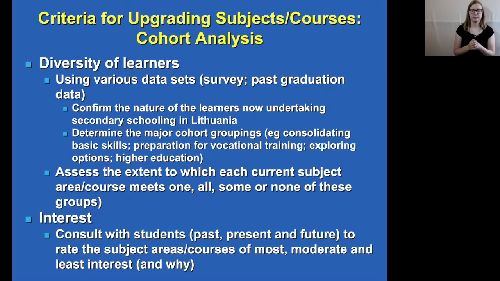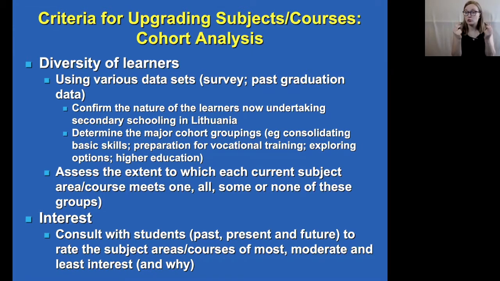Out of interest, consult with the students. We talked about electives, so talk to past and present students, and maybe those in the early years of, say, grades 7 and 8. What are the areas that they really love and are interested in? Those that have already left the schooling system, ask them what courses they would have liked to have done, or electives they did that they found very engaging.